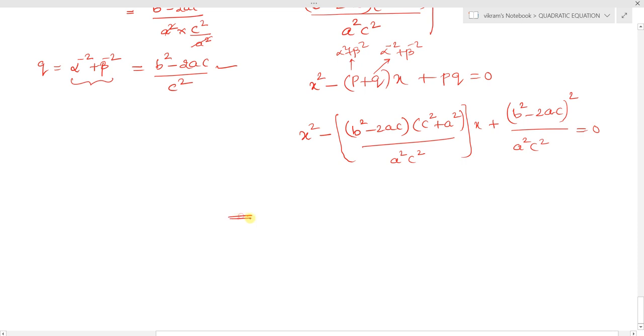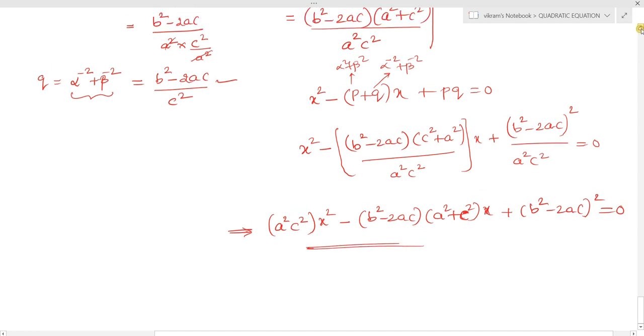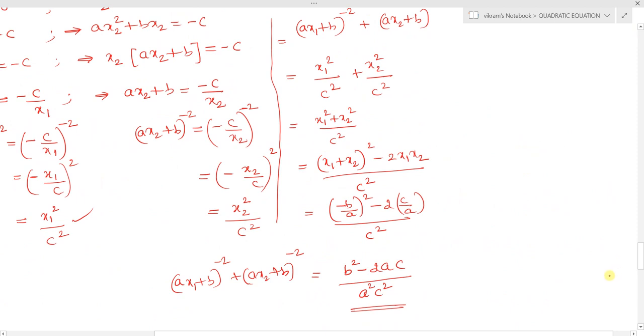If we take the LCM, our required quadratic equation for the given condition is a square c square into x square minus (b square minus 2ac) into (a square plus c square) into x plus (b square minus 2ac) whole square equals 0, which is our required solution for the given question. So this is the question.